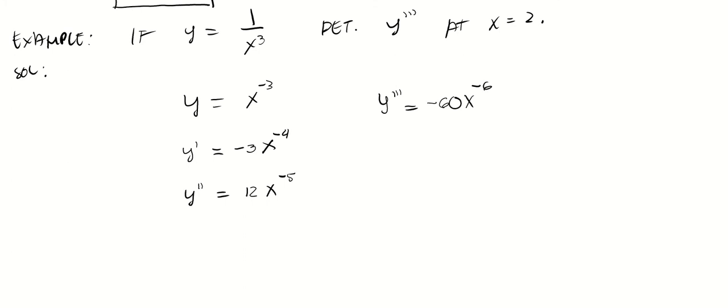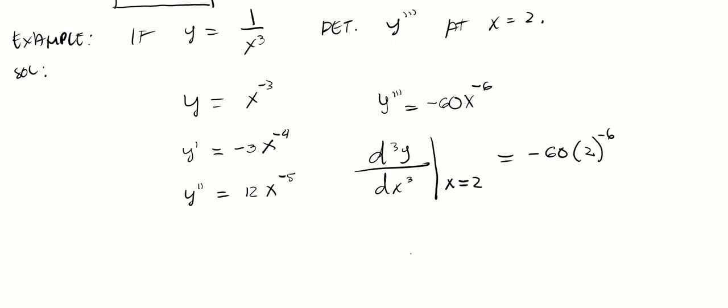But we want to determine the value of this at x equals 2. So we need the third derivative of y with respect to x at x equals 2. So this will be negative 60 times 2 raised to negative 6.